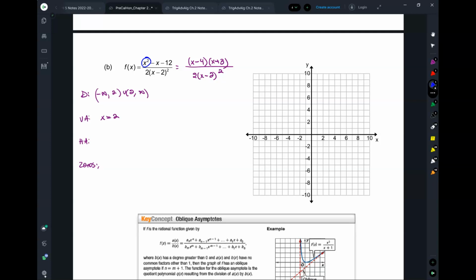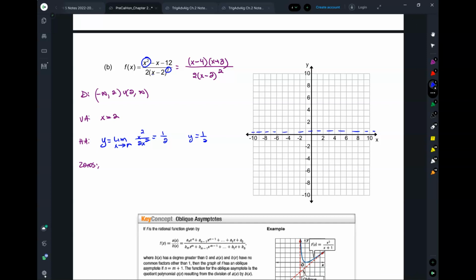On the bottom, you have an x squared. So it's x squared over 2x squared. Technically speaking, it's the limit as x approaches infinity of x squared over 2x squared, and then the x squared cancel, so you get a half. So y equals a half here.